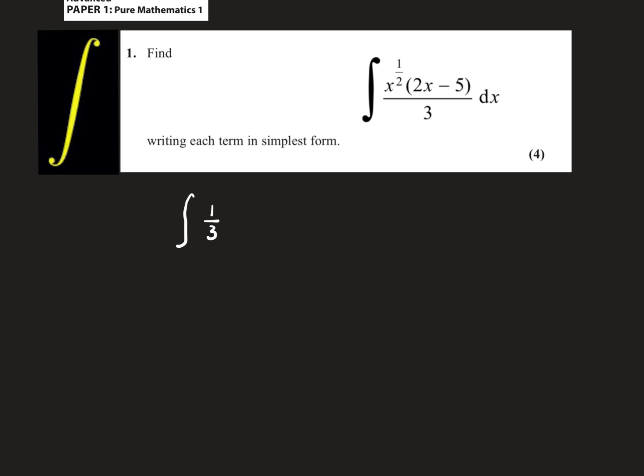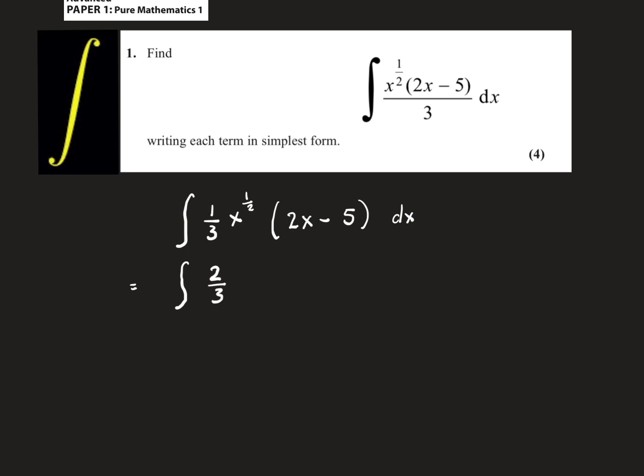That means now I have x to the half, and I'm going to multiply this all by 2x minus 5, dx. Now I will expand this. That's the integral. A third times 2 will be 2/3.